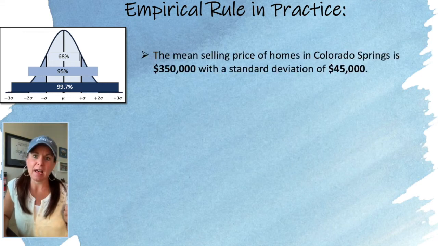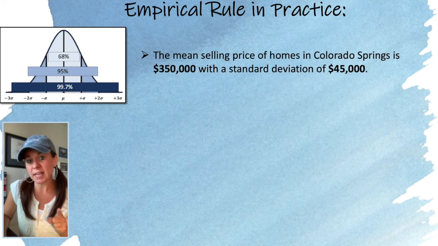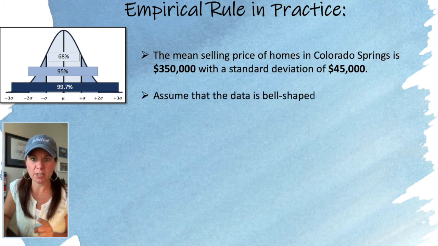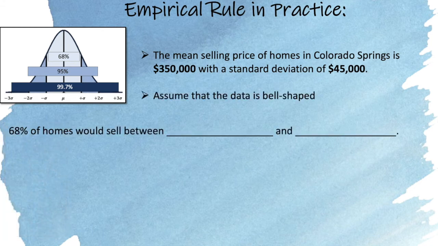Okay, let's say the mean selling price of homes in Colorado Springs is $350,000 with a standard deviation of $45,000. Here's the question. We're assuming it's bell-shaped, okay? 68% of the homes would sell between which 2 values?